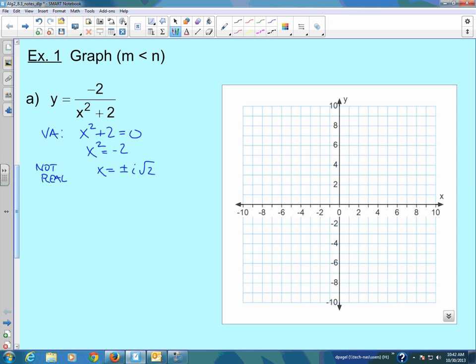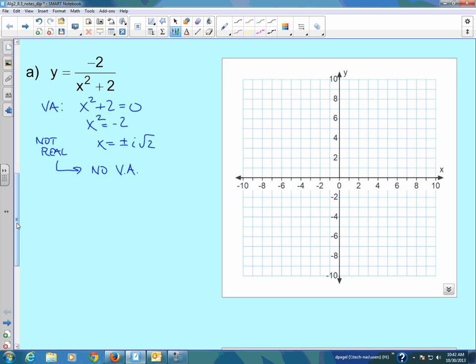Because of that, we have no vertical asymptotes. Anytime I've got in the denominator a binomial of even degree plus a constant, that's going to be my case where I don't have any vertical asymptotes.